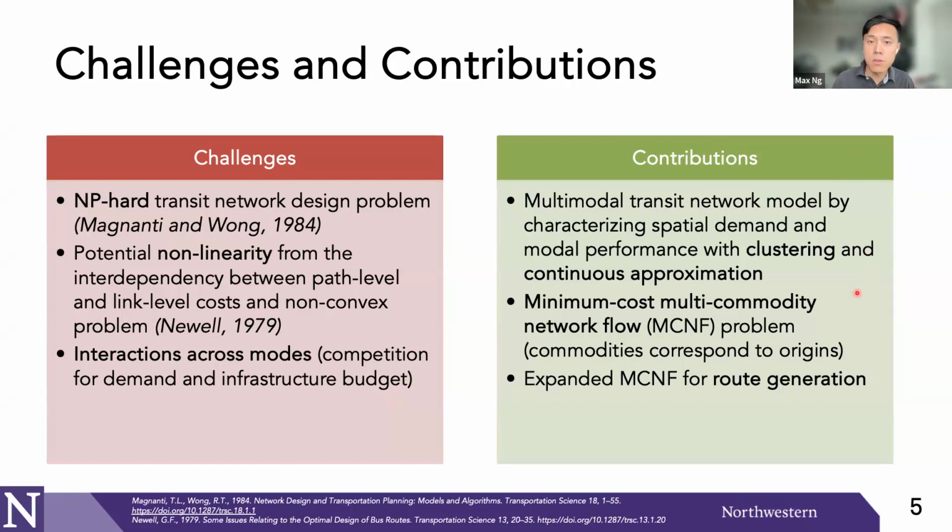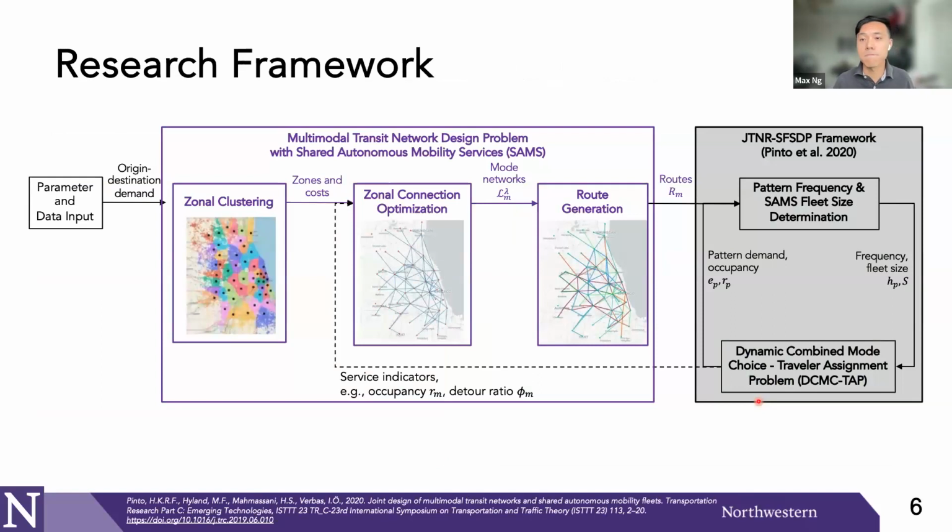Then with this input, we formulate the transit network design problem as a minimum cost multi-commodity network flow problem, so we can solve it with an MILP, mixed integer linear programming solver, where specifically we label each flow variable with its origin. And at last, we also expand this MCNF for route generation, but probably we won't have time to discuss that today.